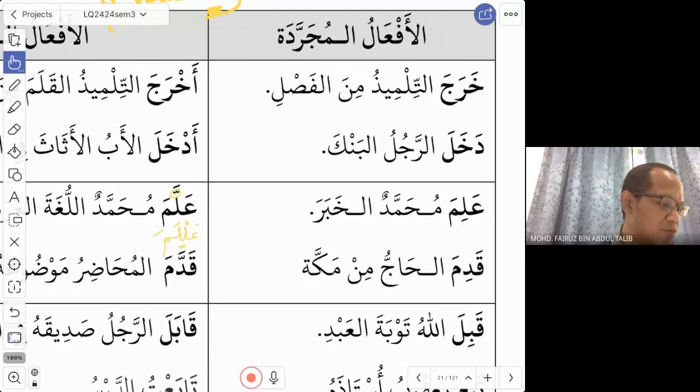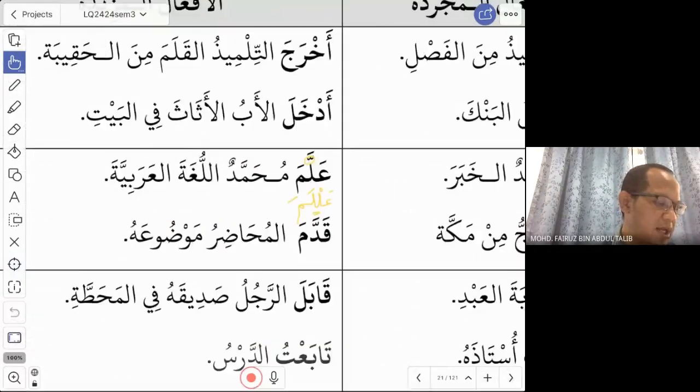In this case, we remove the second lam. So you still have ain, lam, mim, which is similar to the first fi'l, alima. This indicates that the word allama is derived from alima, where you add another letter. So alima is mujarrad, but when it becomes allama, this is now mazid, where you have an additional letter.